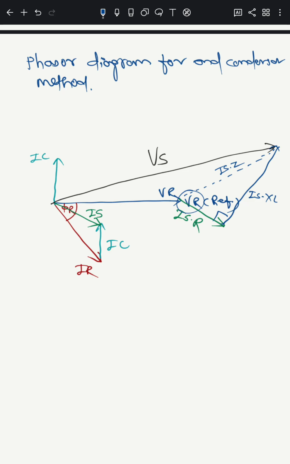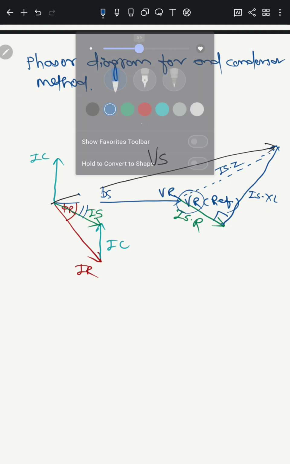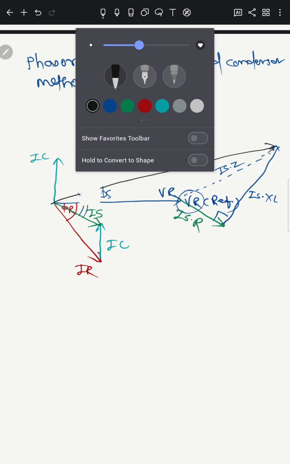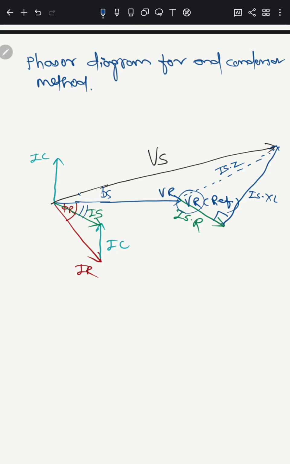The angle between Vs and Is is phi S, and the angle between Vr and Ir is phi R. So this is the phasor diagram for end condenser method.